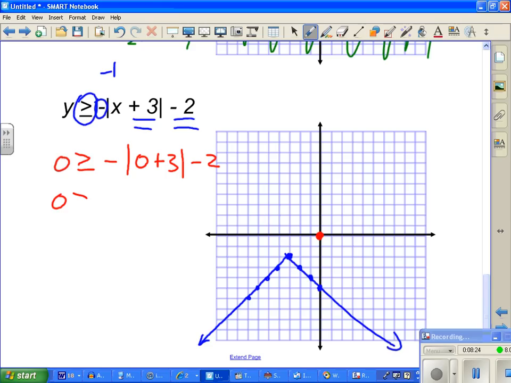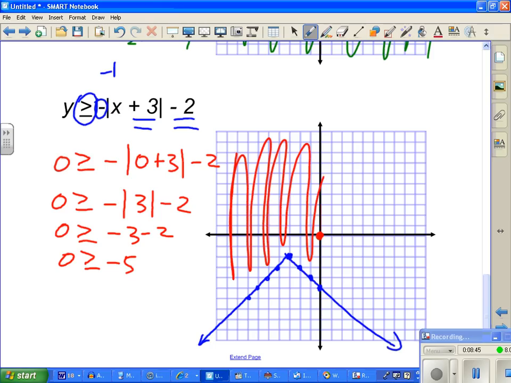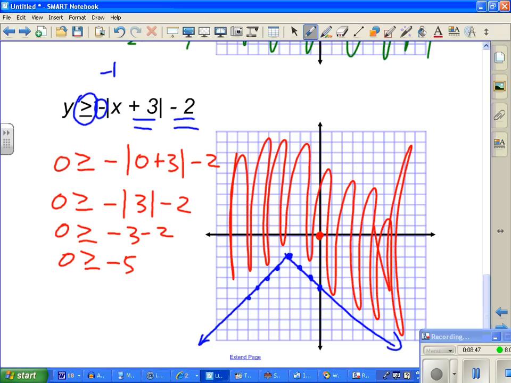So 0 is greater than or equal to negative the absolute value of 3, minus 2. So 0 is greater than or equal to negative 3 minus 2. So 0 is greater than or equal to negative 5. Is that true? Yes, that is true. So I shade above the graph.